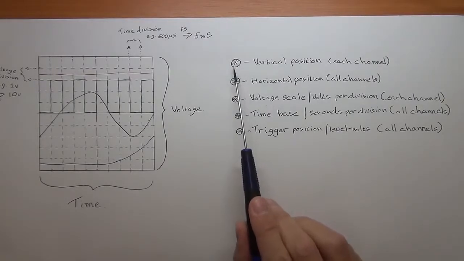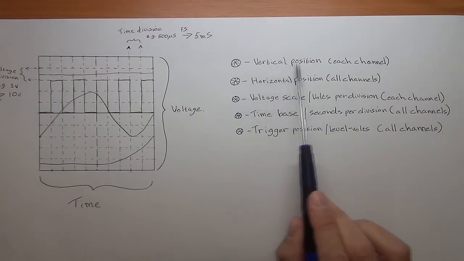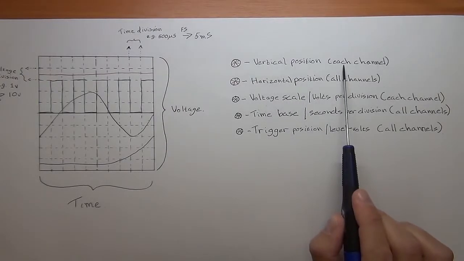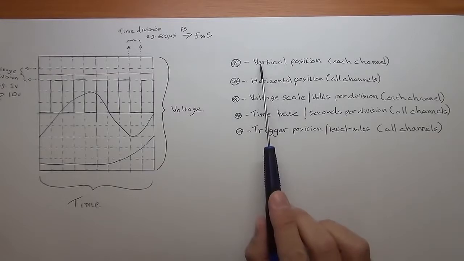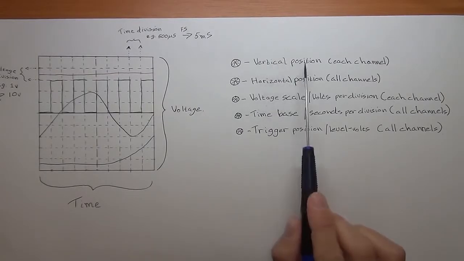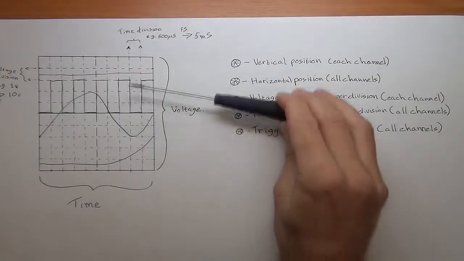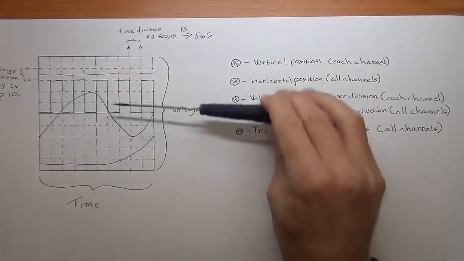So the first knob, which you actually saw me playing with there, is the vertical position knob, and that is per channel. So if you have several signals coming into your oscilloscope, each of those channels will have its own vertical position knob. What that allows you to do, without changing the scale of the signal, is to position it up or down.